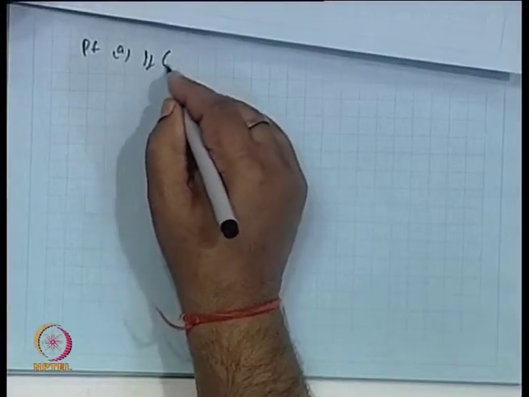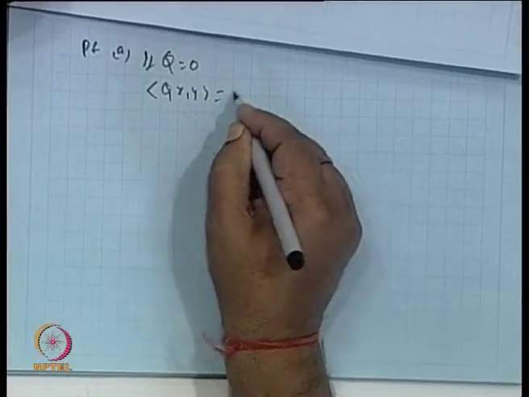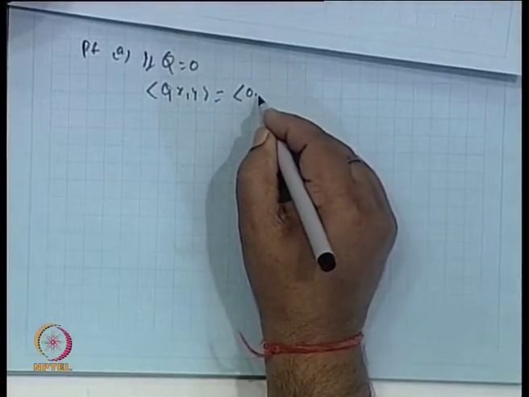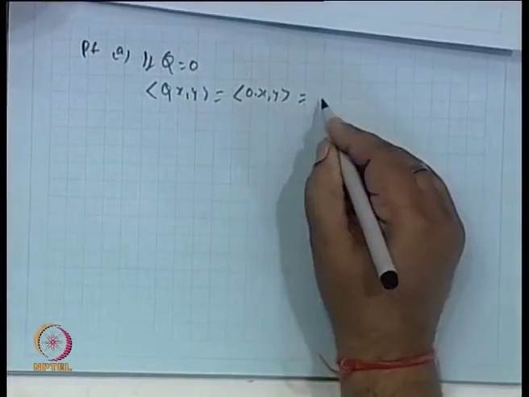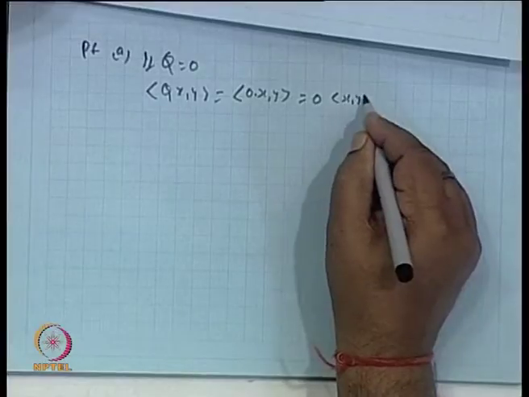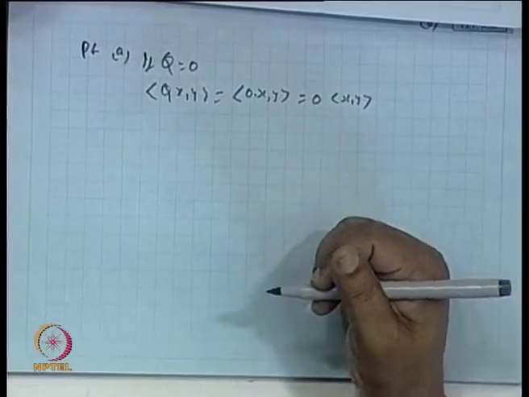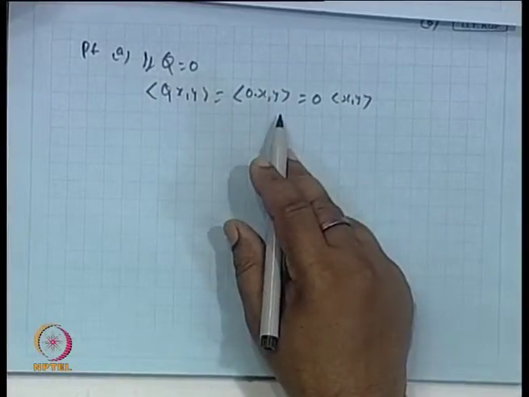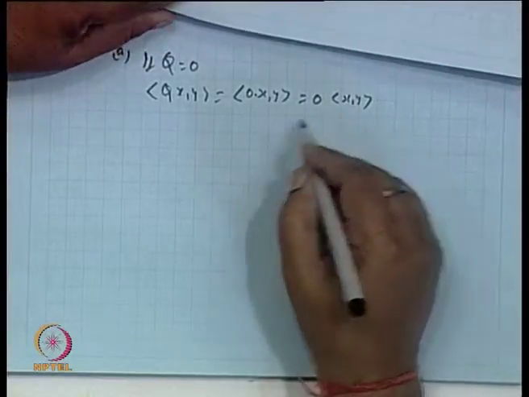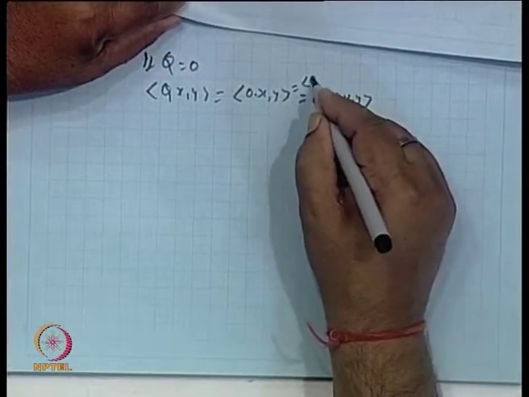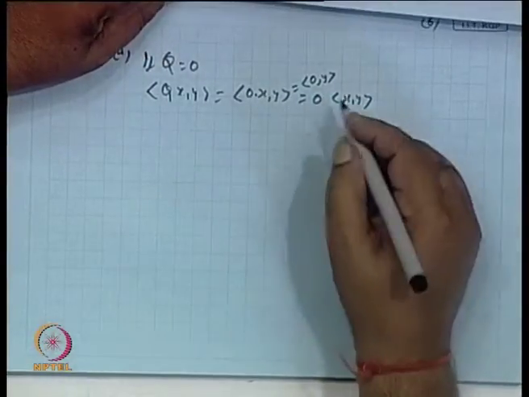So, if Q is 0, then basically the inner product of Qx comma y becomes the inner product of 0 comma y, but 0 is a scalar. 0 operator means it will send x to 0.